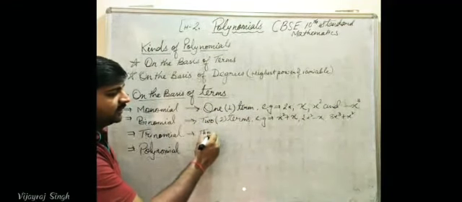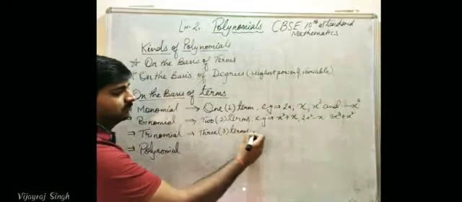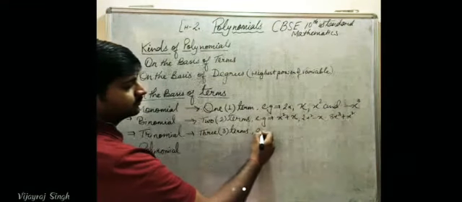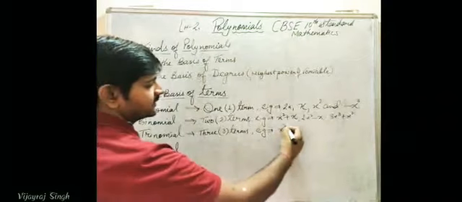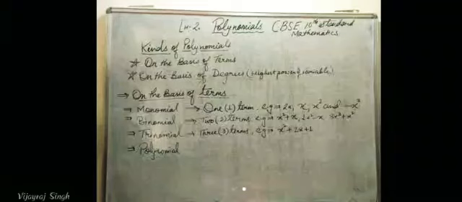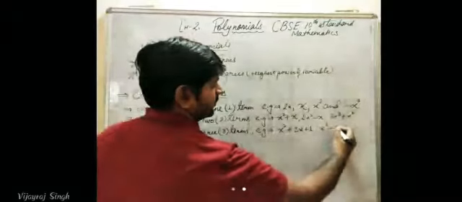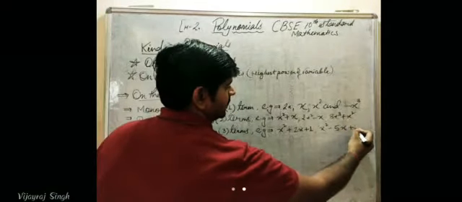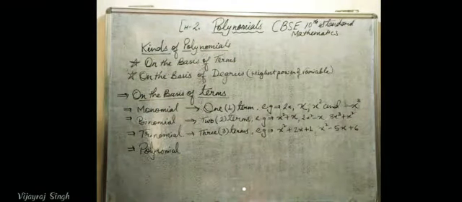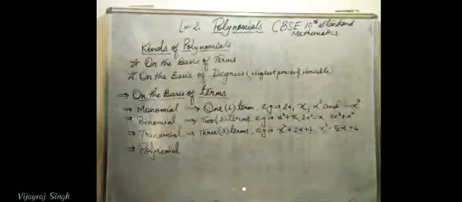Trinomial is for three. Its example also we can take. Suppose x square plus 2x plus 1. There are three terms. x square minus 5x plus 6. There are three terms. So if we have three terms, it is called trinomial.